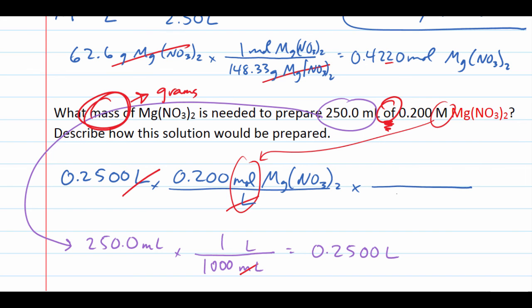So if we want to put this in, on the bottom we'd put in moles, specifically 1 mole of magnesium nitrate. On the top we'd put in 148.33 grams of the magnesium nitrate. Moles of magnesium nitrate cancel out.